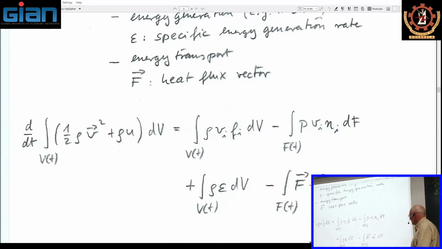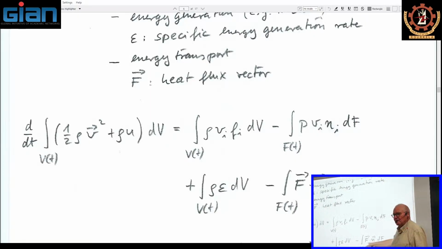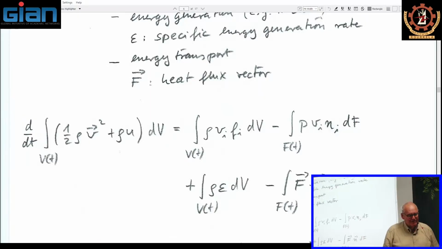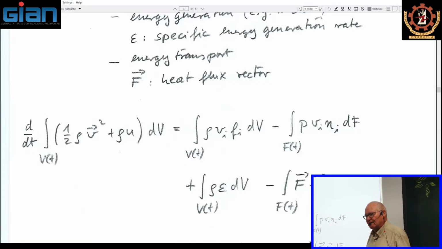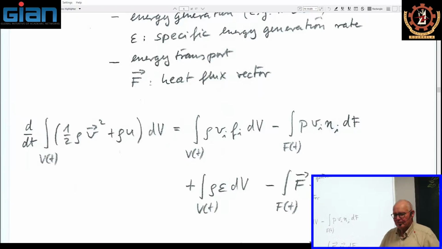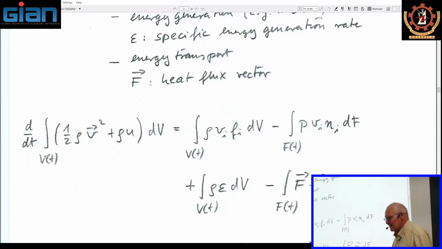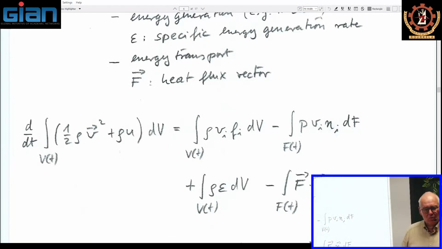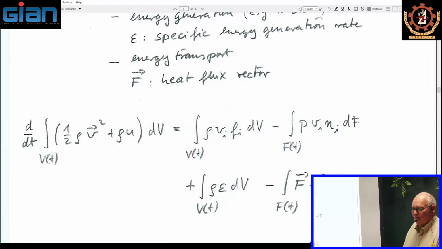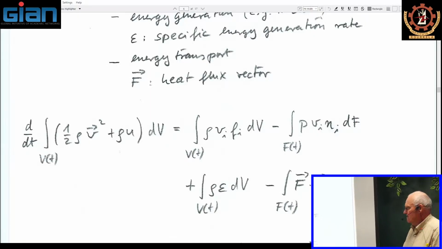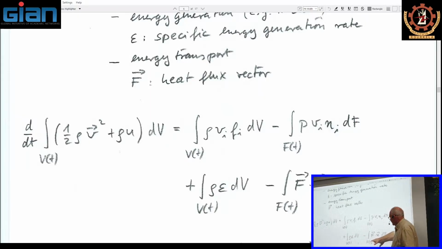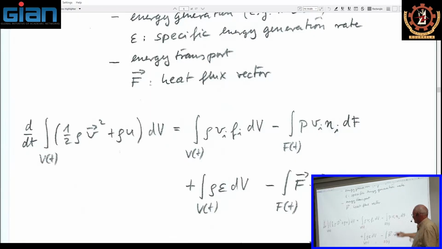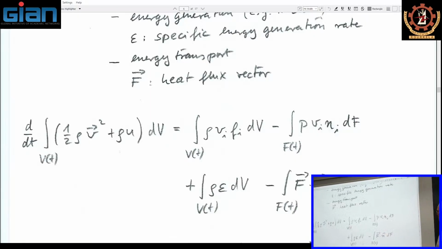In astrophysics, it's the nuclear energy generation, and we need to account for the flux, the amount of energy which is deposited or taken out by the heat flux. So we have to integrate the flux over the surface of our mass element, and this will be the contribution which will either take out or put in energy from the heat flux. And this again is an integral over the surface of the mass element, similar to the work done by the surface forces.